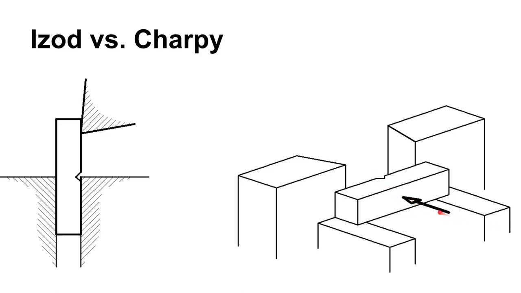This is a Charpy test. When I talk about the hammer in just a minute, this is how the specimen would be located in the fixture to be struck. So this is the Charpy orientation, and this is the Izod orientation. So it's pretty easy to keep straight. If you remember, this looks like an I, and you can see the little C here for a Charpy test.